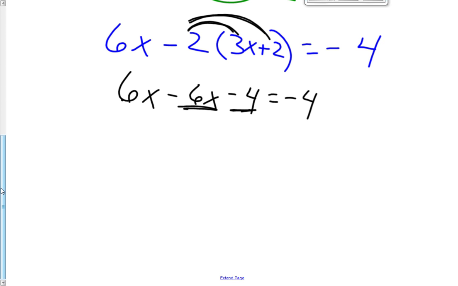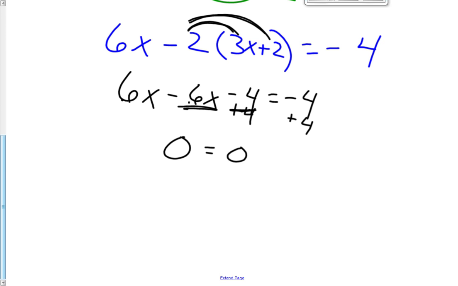All right, let's clean things up by combining like terms. A positive 6x and a minus 6x make 0 x's, or just 0. And then if we add 4 to both sides, we get 0 equals 0. So what happened over here? Our variables all canceled out, and we actually ended up with a true statement. 0 equals 0. That's a true statement.